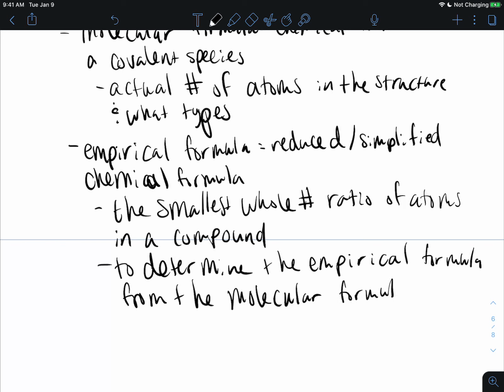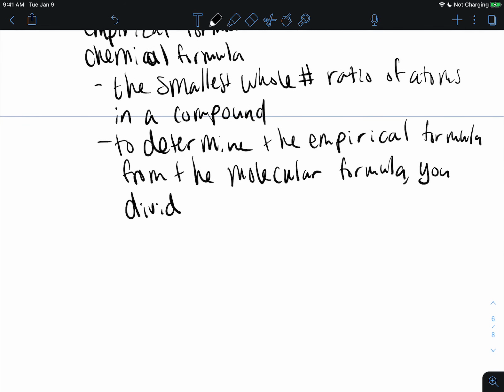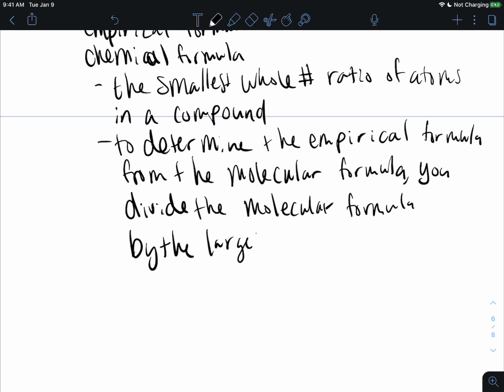you're going to divide the molecular formula by the largest common factor among the atoms.